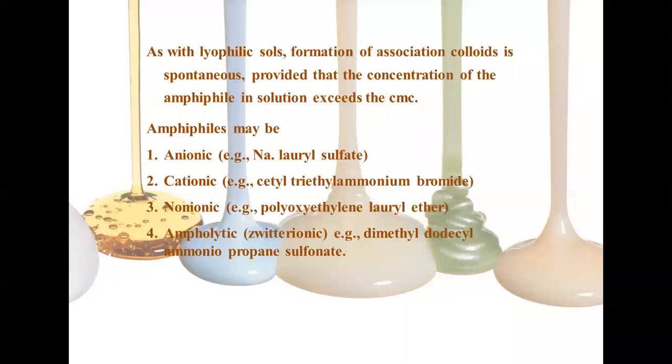Here, the amphiphiles may be anionic, cationic, non-ionic, and ampholytic or zwitterionic. Examples: sodium lauryl sulfate for anionic, cetyl trimethyl ammonium bromide for cationic, polyoxyethylene lauryl ether for non-ionic, and dimethyl dodecyl ammonio propane sulfonate for zwitterionic.